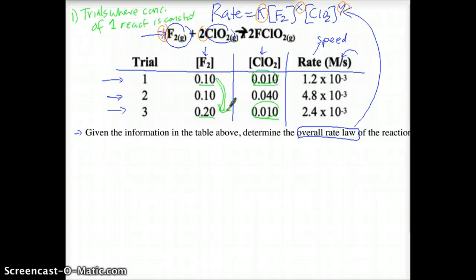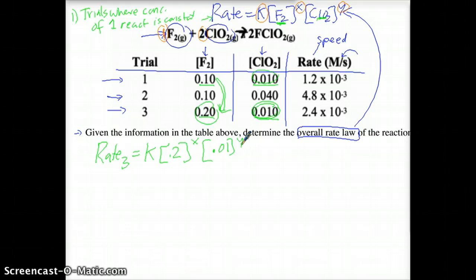So the way we need to do this is we need to set up the rate law for both of these trials. So the rate law for trial 3 would be K times the concentration of F2 in trial 3, which is 0.2 to the power of x, times the concentration of ClO2 in trial 3, 0.01 to the power of y.